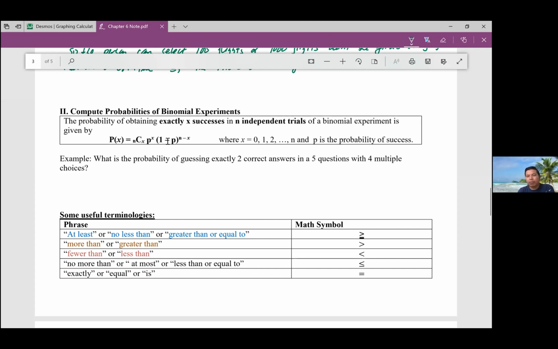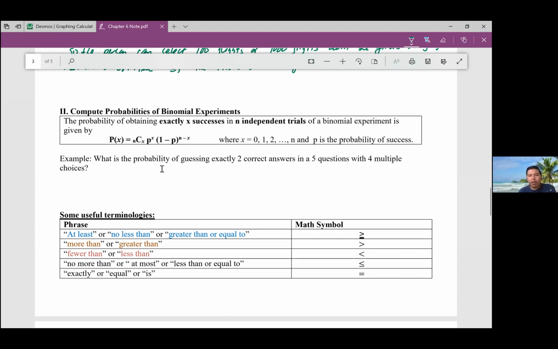For example, out of 20 questions, how likely am I to get 15 questions correct? What would be my probability for that? Here's the example. Later on, I will show you how to make life easier using calculators, but everyone has to do it by hand. This is how it works.